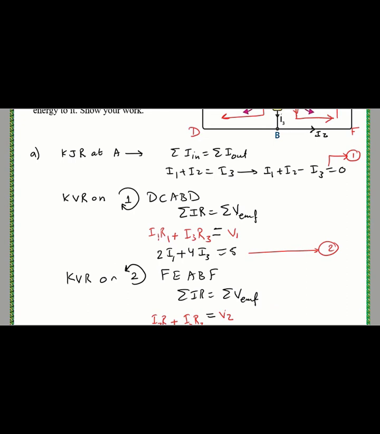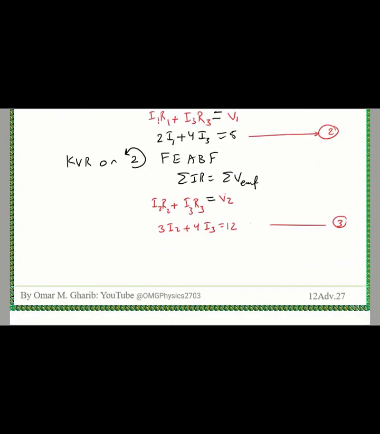I1 plus I2 minus I3 equals 0. This is the first equation. So equation number 1, I1 plus I2 minus I3 equals 0.